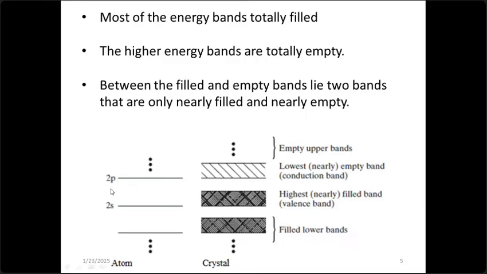Okay, so let's imagine when we have very many atoms in a solid, how are the atoms arranged? Initially, we had looked at a single atom and we were able to get the electronic configuration.